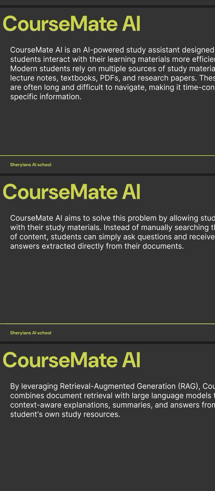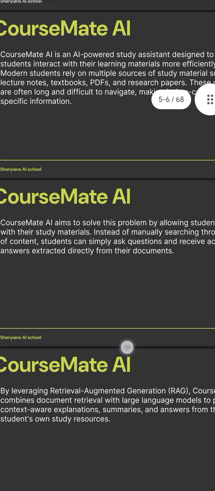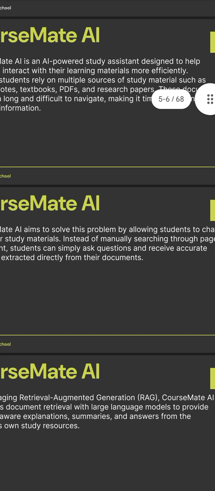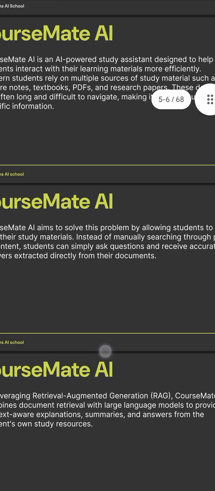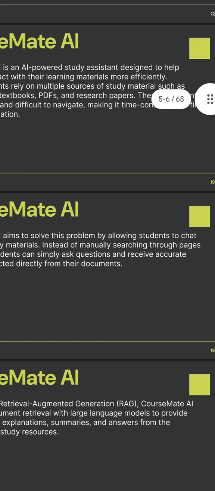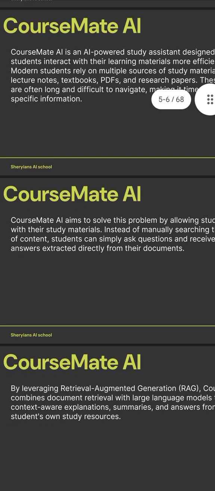So we are going to build that kind of application where you can upload your PDF and then chat or talk with your PDF. CourseMate AI aims to solve this problem by allowing students to chat with their study materials instead of manually searching through pages of context.